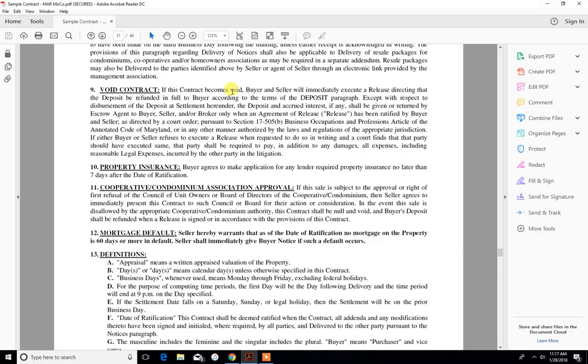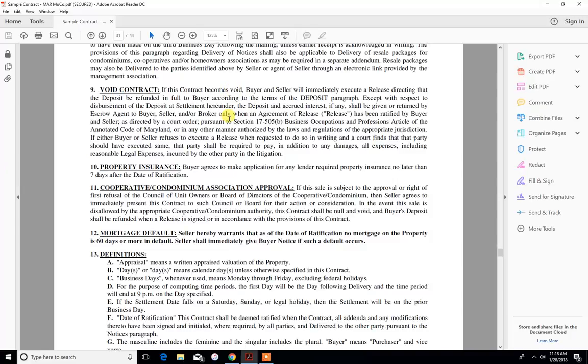So when is a contract void? We can void the contract if we walk away on any of the contingencies: inspection, appraisal, radon, homeowner or condo association document review, or financing contingency. If any of these don't work, and we can't work any of these out, we can void the contract and you get your earnest money back.